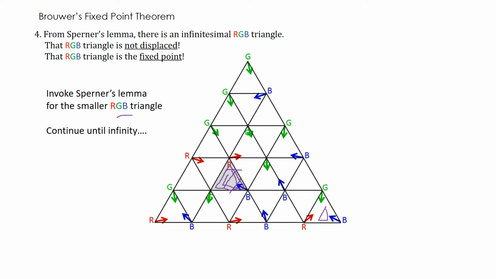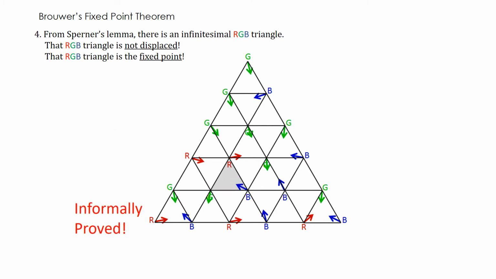So there is at least one infinitesimal RGB triangle, which is a point that is not getting displaced when we stir our triangle. Therefore, this is a proof of Sperner's lemma.